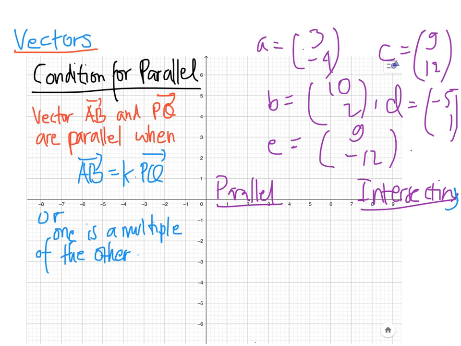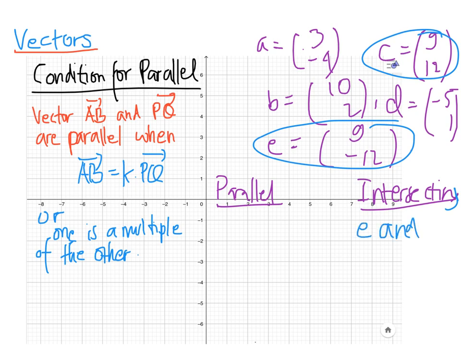But we might be interested in looking at these two because they're kind of similar: (9, 12) and (9, -12). Only the 12 becomes negative. So then E and C, sorry, E and C must be intersecting. You've got no choice. If you try to make it visual, you can see that they will be intersecting.